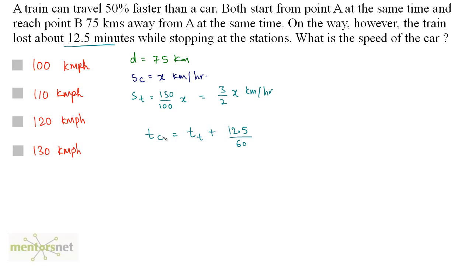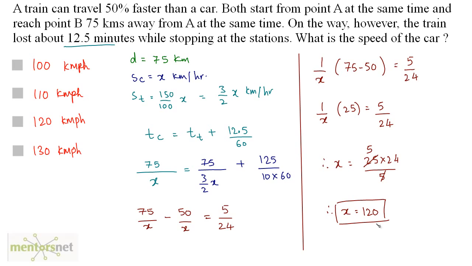Okay, so what is the formula for time? It is distance upon speed. The distance is 75 kilometers. So 75 upon the speed of the car, x kilometers per hour, is equal to, again the distance, 75 upon the speed of the train, 3 by 2x, plus 12.5 by 60, which can be written as 125 by 10 into 60.